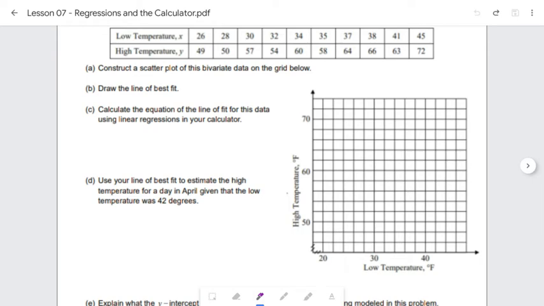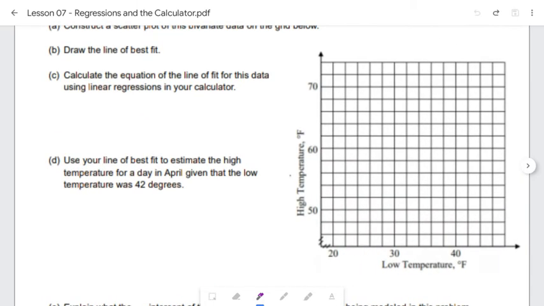So if I look here, 26 and 49 would be about here.